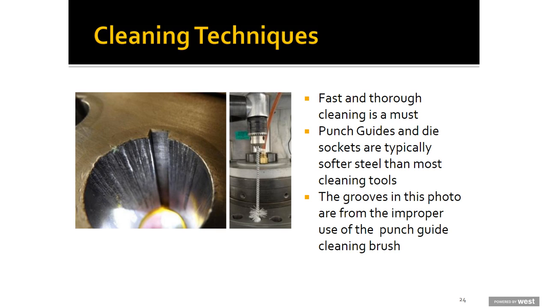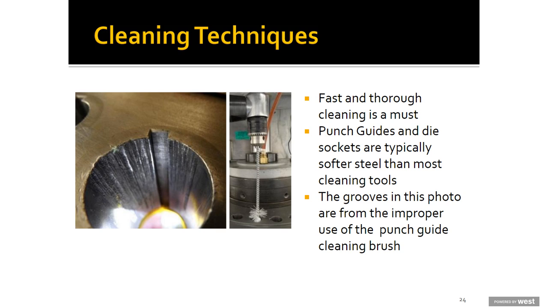This is an amazing picture here on the left. That guide, that hole that you see that we're looking down into is where the punches go. And on the right, you'll see the brush that's being used to clean that bore out. The shaft of that brush is harder steel than the punch guide.